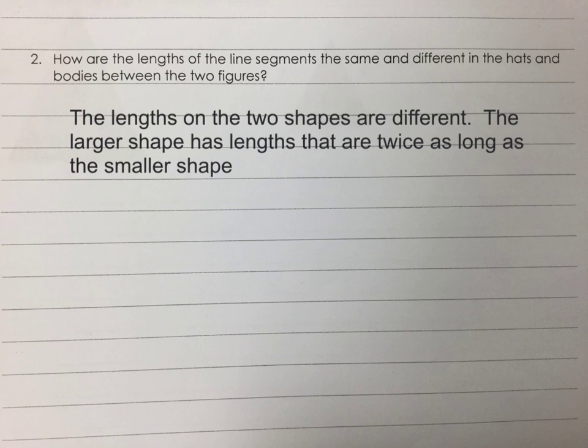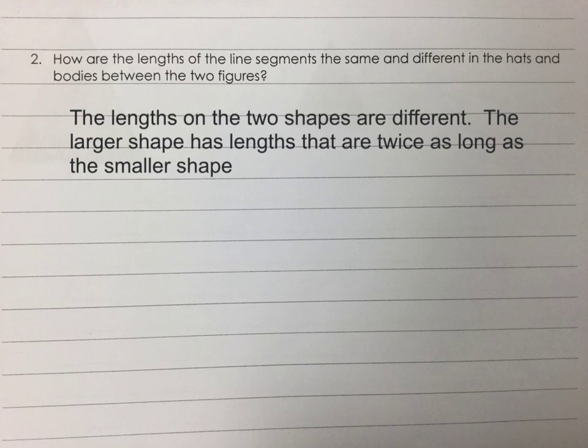All right. So how are the lengths of the line segments the same and different? Well, they're the same general shapes, but if you compare the different line segments, on the big one, the hypotenuse of the triangle, which is the angled side, is 95 units long. The hypotenuse of the smaller triangle is 47.5 units long.